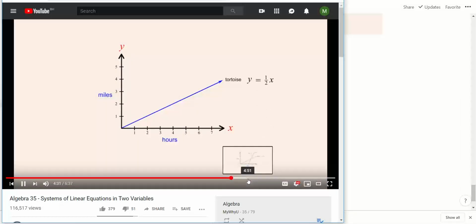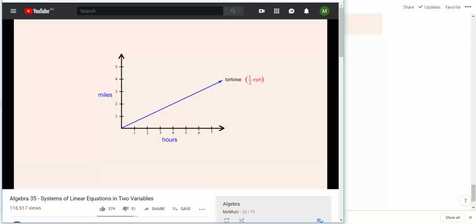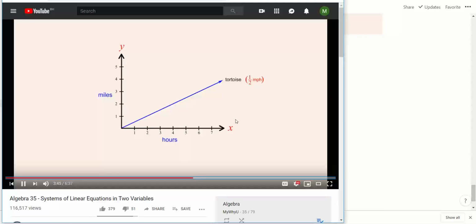To create an equation for the tortoise's distance as a function of time, let's use the variable x to represent the time coordinate. We saw in the chapter on distance as a function of time for an object traveling at a constant speed that the slope of the line is the speed of the object.